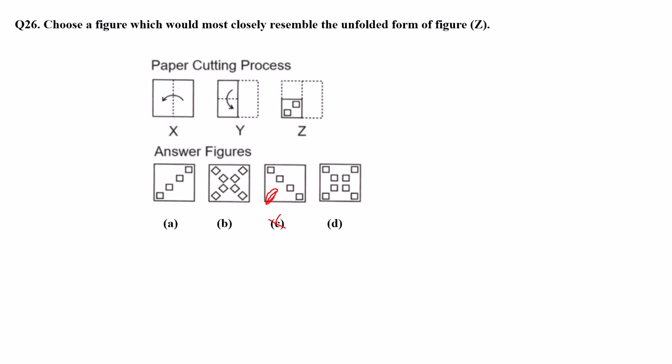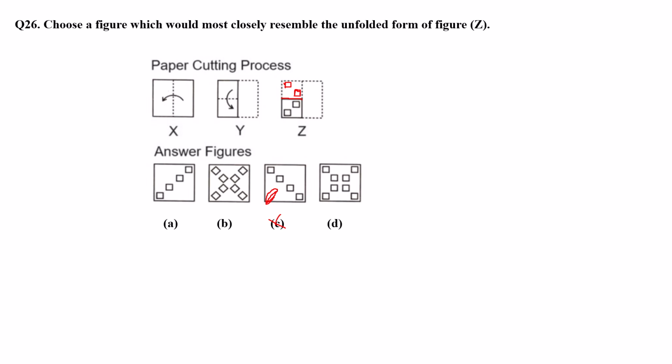Now when you open it, what will happen here? This square which is near this line, consider here is a mirror, so this will come over here. It won't touch the line. There is a little gap, can you see, between the line and this mark. So here also it will come somewhere like this, and this square will come over here.